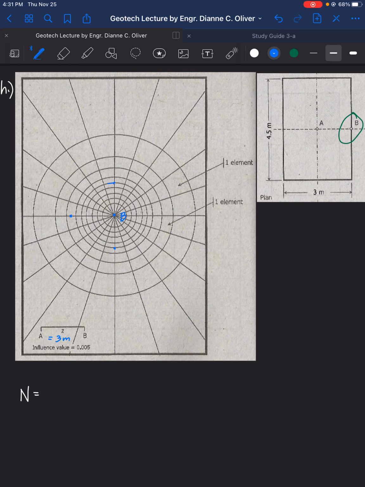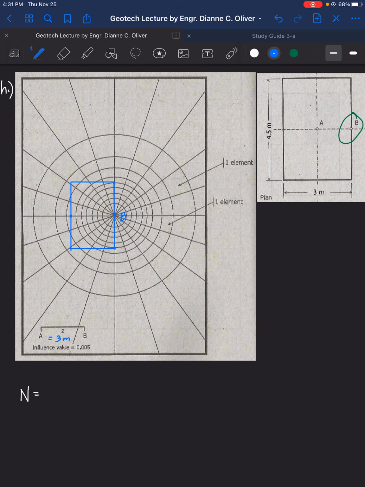Alright. Okay, there you go. There. So this is our point B. Then since it's symmetrical here, we can get the number of elements here, then multiply by 2.